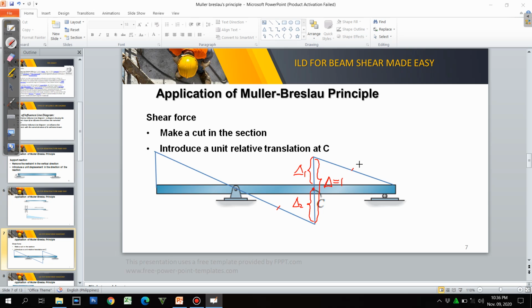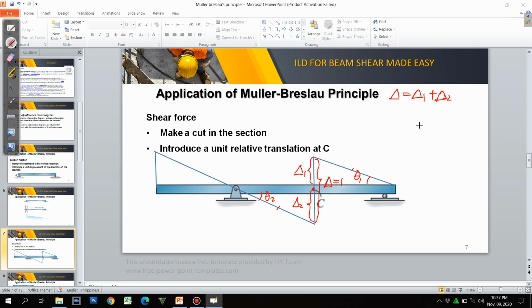So delta 1 has its corresponding rotation. Similarly, delta 2 will have its corresponding rotation. So basically, we will have an equation: delta is equal to delta 1 plus delta 2.